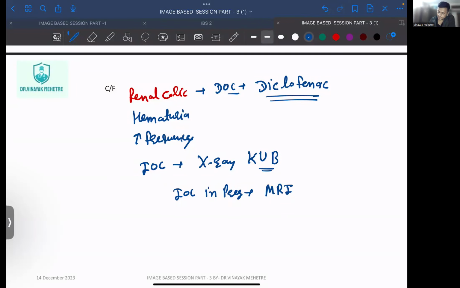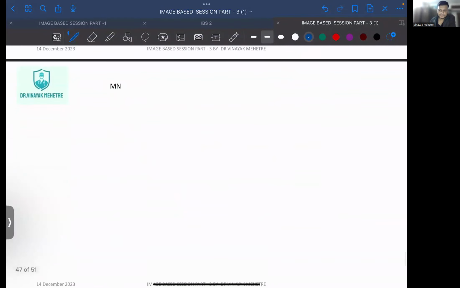Okay, first investigation in pregnancy is going to be ultrasound. All has been asked in a different format, even given as a case scenario. ठीक है, आना चाहिए. It looks like one liners, but they are not one liners, believe me.